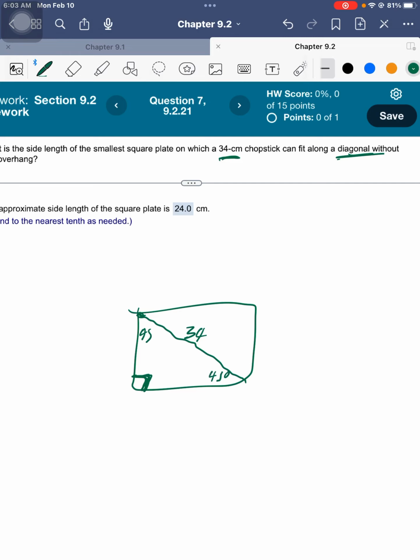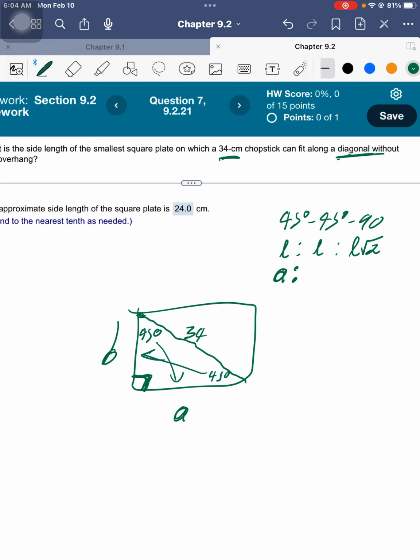So this is 45, 45. So let's do 45, 45, 90 triangle. This is L square root 2. So 45 is corresponding to the, I don't know, A, and this is B. So this is A, this is B, and the 90 is corresponding to the 34.